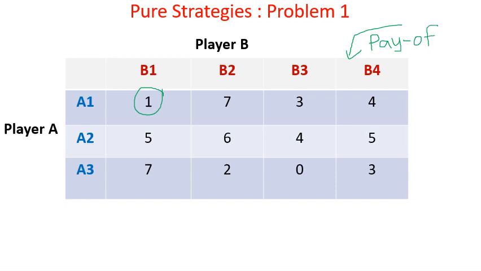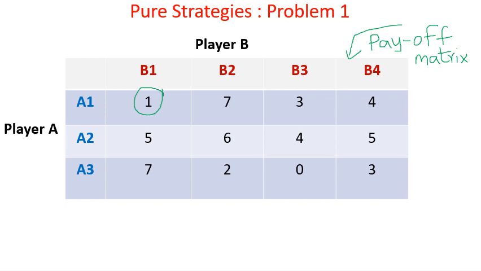All the numbers written inside the matrix are called the payoffs. So this is the payoff matrix, and all these numbers here, 1, 7, 3, 4, are the respective payoffs.